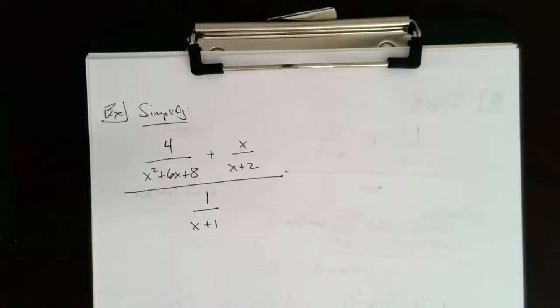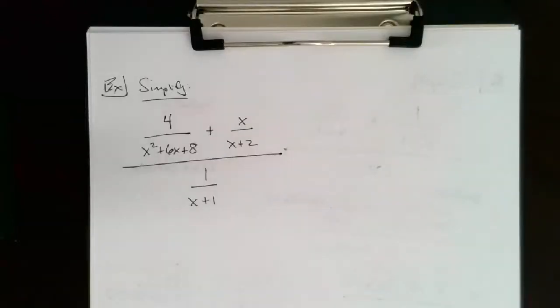So again, you might want to pause this and try it on your own. Then check your answer after. You have to pick a method to use. All right, it's up to you which method you would like.